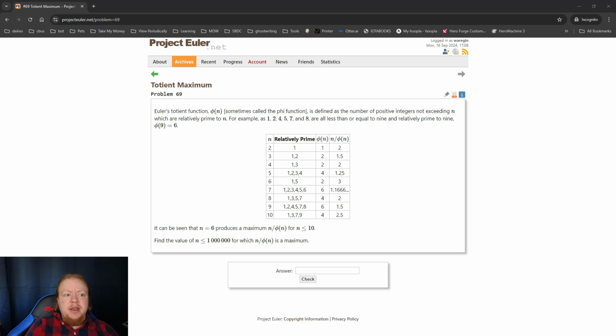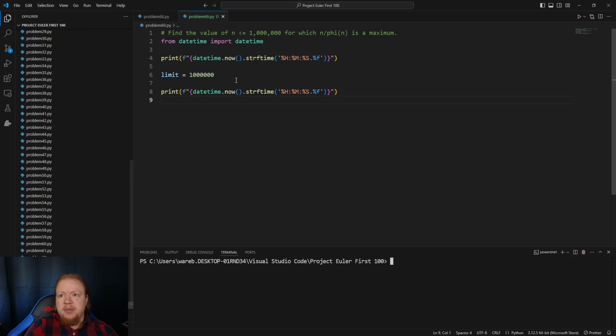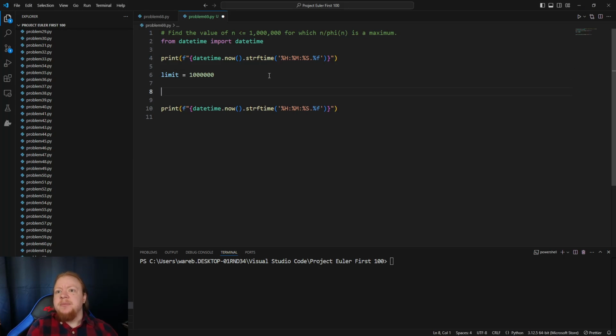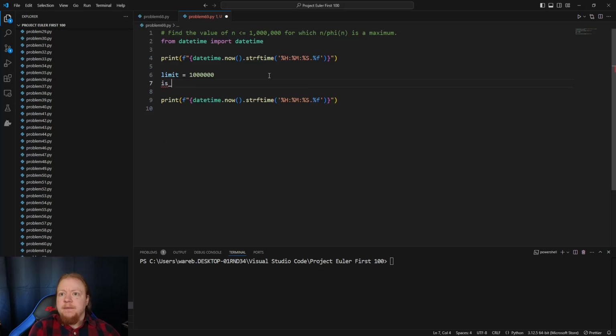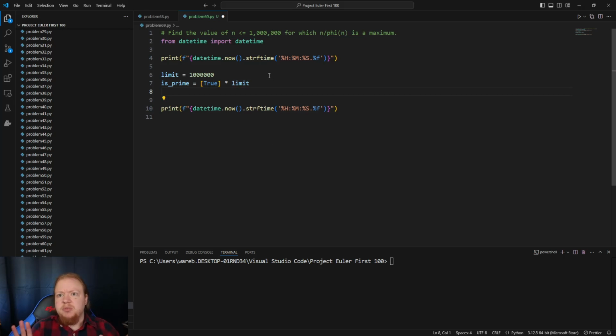So let's go ahead and program this in. I've already done the boilerplate stuff that I do every problem. And then we're just going to do a little is prime array here. And we're only going to multiply by limit because we don't actually care about the equals to limit.